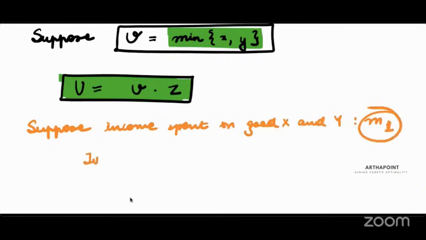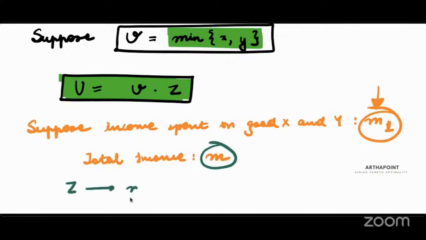So my total income was M. I know x and y are complementary goods. So x and y will be equally consumed. But totally on x and y, I am spending M1. And my income really is M. So which means on Z, I am spending my remaining income M minus M1.